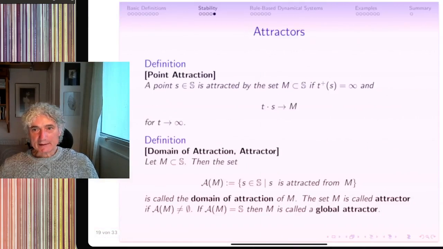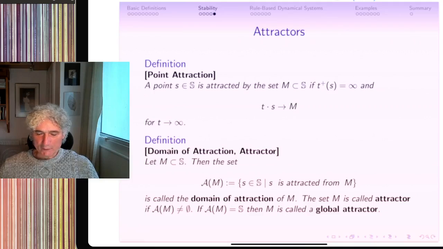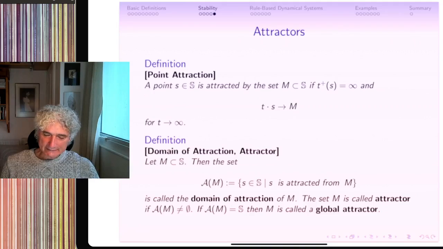Now with this we can actually define attractors. A point S in S is attracted by the set M, a subset of S, if t plus of S is infinity, so the existence time is forever, and we converge in time towards this set M when t goes to infinity.